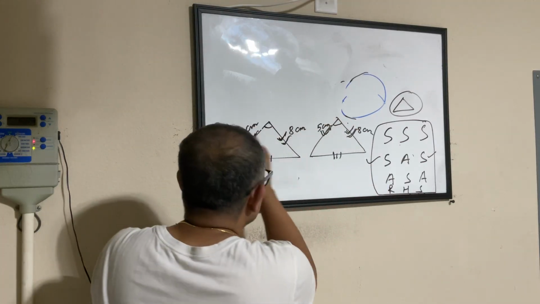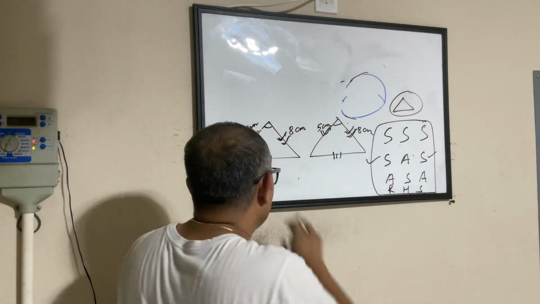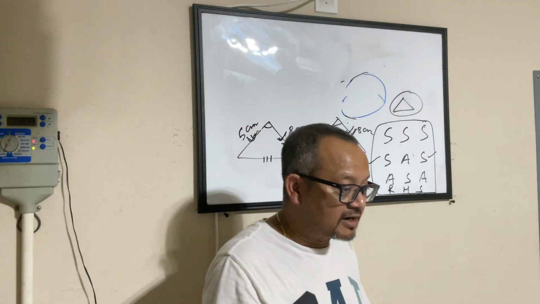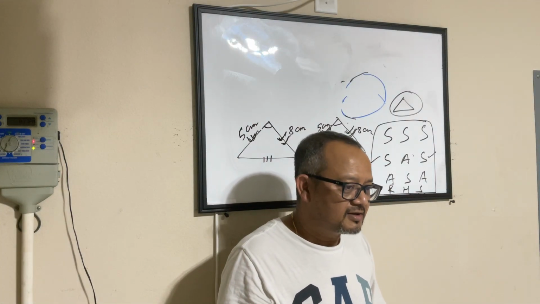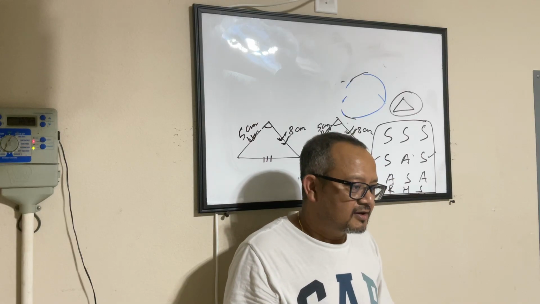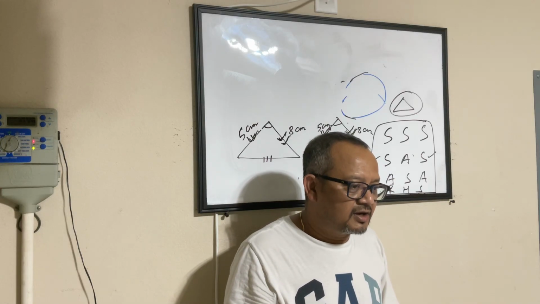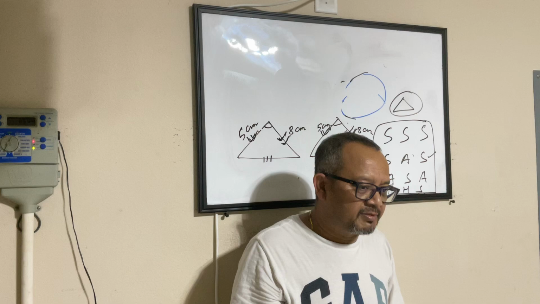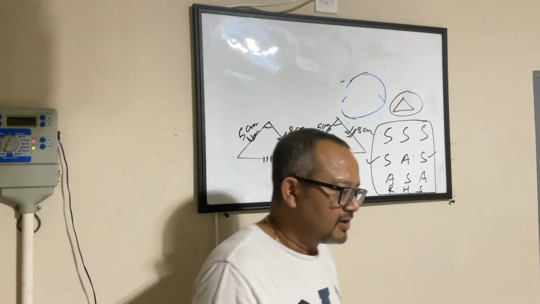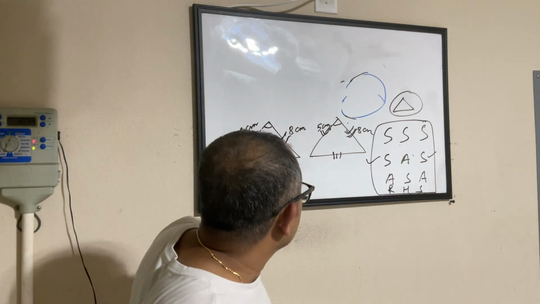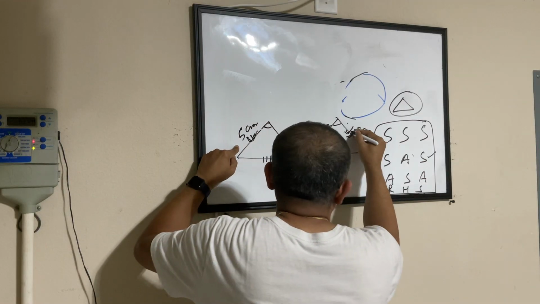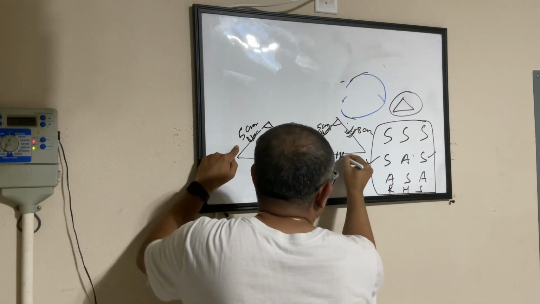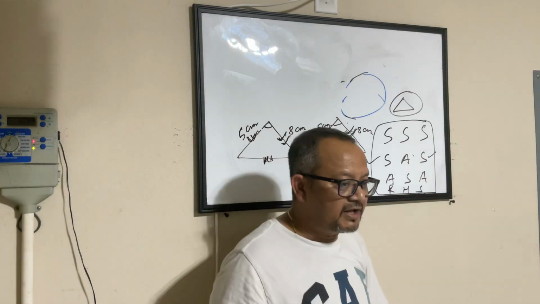I am not saying these two are the same. Only when these two are the same is this an isosceles triangle. Correct? You guys agree? Vasundhara, Gayatri, Sanjay, Celine, everybody with me? So I am saying that if these two sides are equal, then this side's length will be equal to this side. And this is hard to believe.